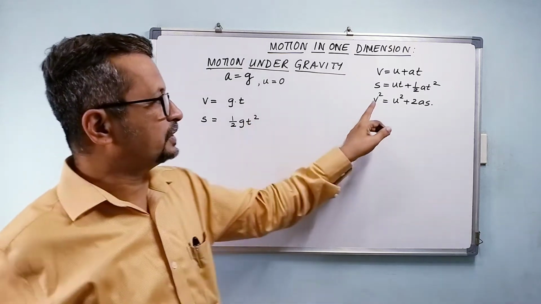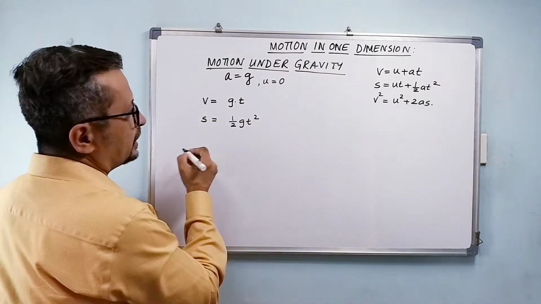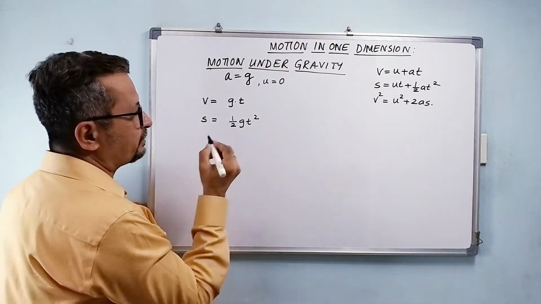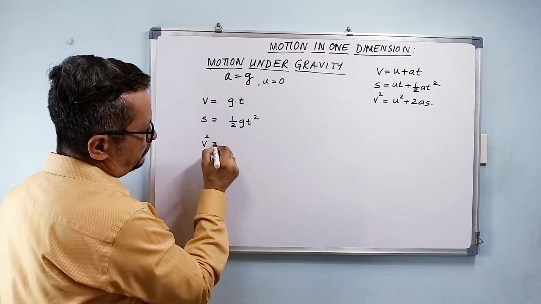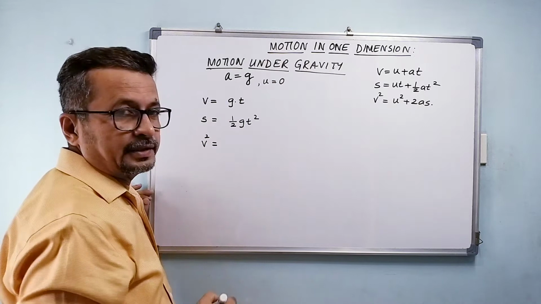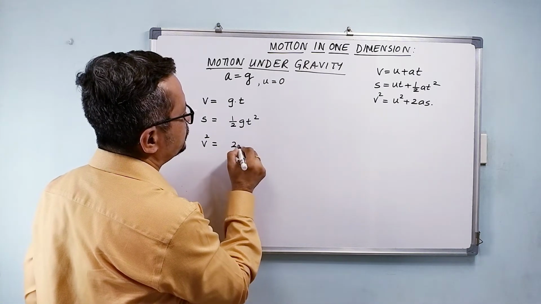And the third one, v square is equal to u square plus 2as. Obviously here v square, the final velocity with which it might hit the ground, would be equal to u square, that is 0, plus 2as, so 2 into g.